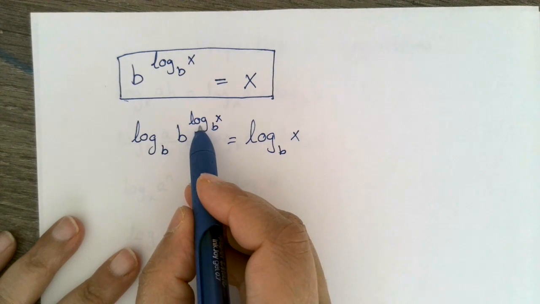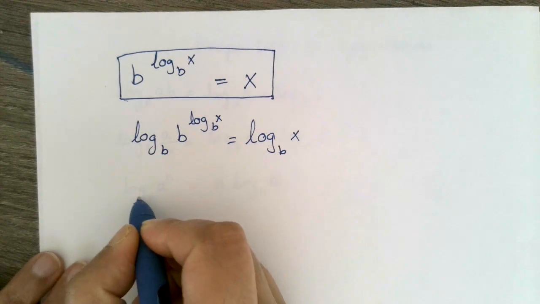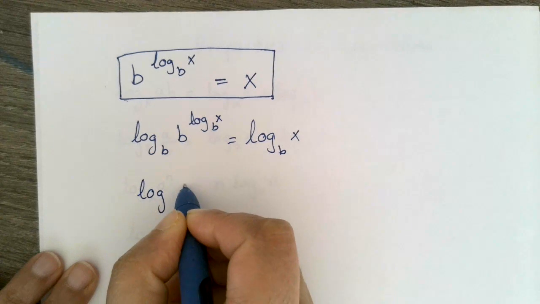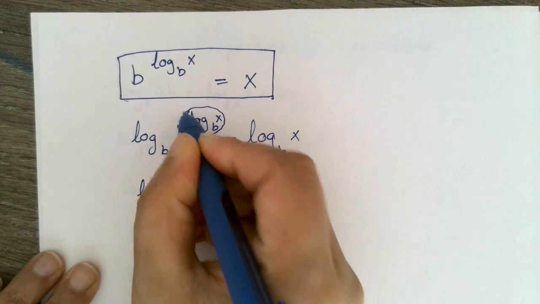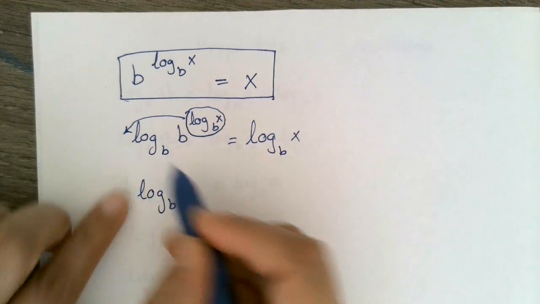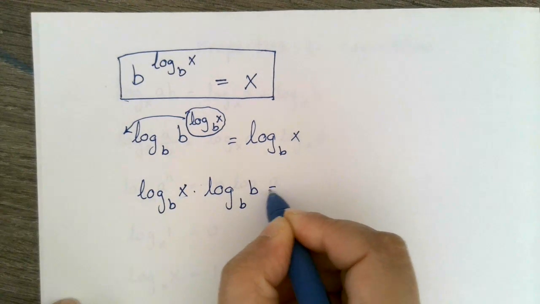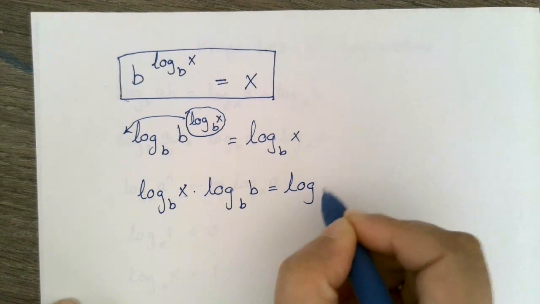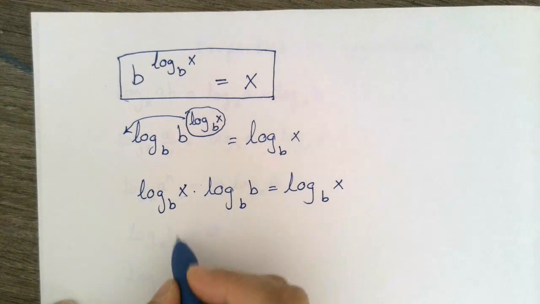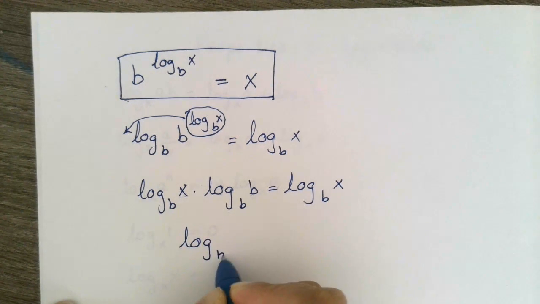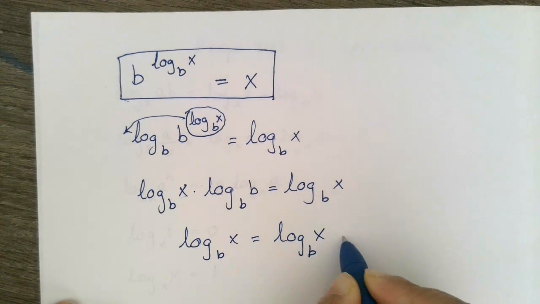Now you know that whenever we have an exponent, that exponent comes before the log. So this whole thing comes before the log, and then we'll be left with log base b of b equals log base b of x. Now what is log base b of b? It's 1. So we have log base b of x equals log base b of x.